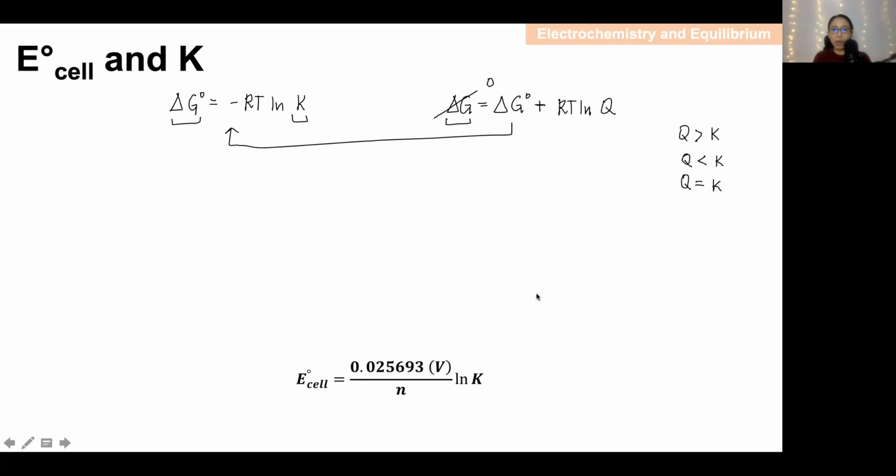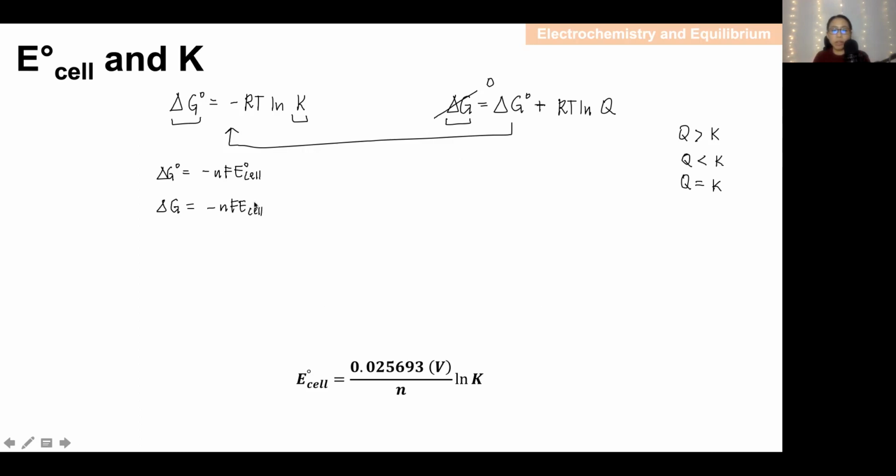Now again, from what we learned, standard cell potential is related to delta G naught, right? So we have delta G naught is equal to negative nF standard cell potential, okay? Which means we can also define delta G equals negative nF E cell.